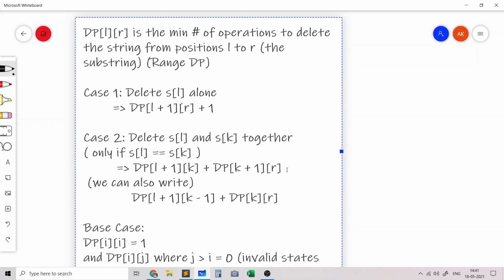Let's just say that this is way 1 and this is way 2.